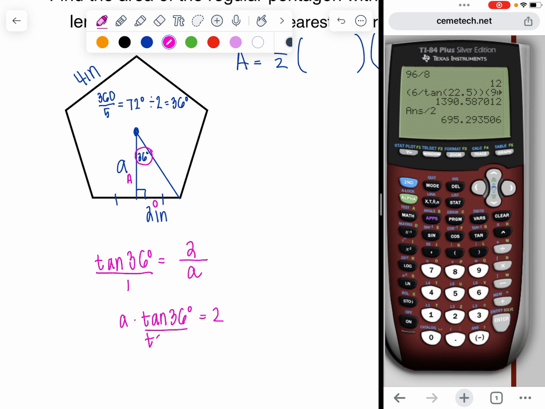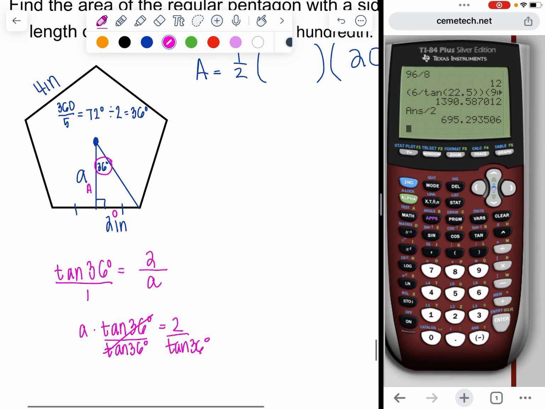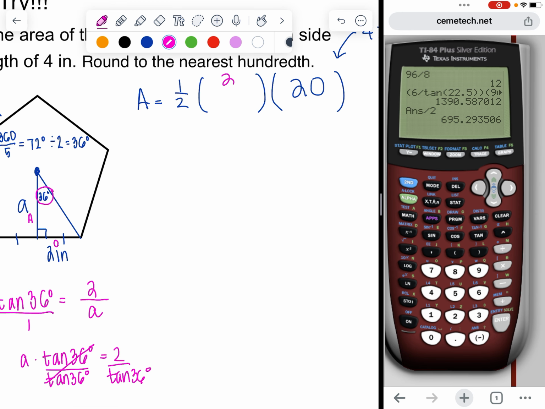Divide by tangent of 36 degrees. These cancel, and you have your apothem is 2 divided by tangent of 36 degrees, and now I can put this in my calculator. So parentheses 2 divided by tangent of 36, close the parentheses, times 20, divide that by 2, and we get our answer.